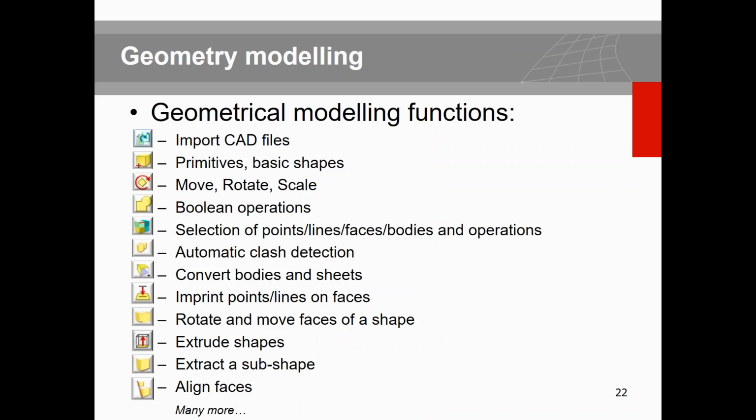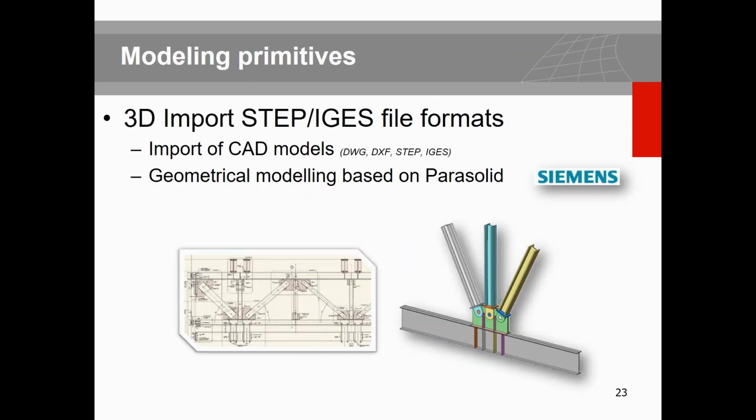In terms of creating the geometry, there are many tools and options available. I'll quickly go through some of the key and main aspects, starting with interacting and exchanging the model with third parties. If you have models from CAD, SolidWorks, Revit, or Rhino, you can make DXF, DWG, STEP, IGS, or IFC files and import them into Dana.